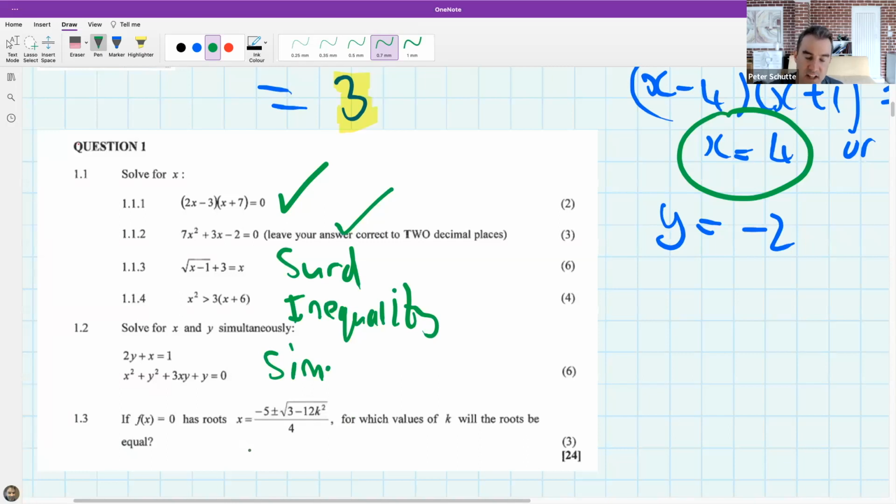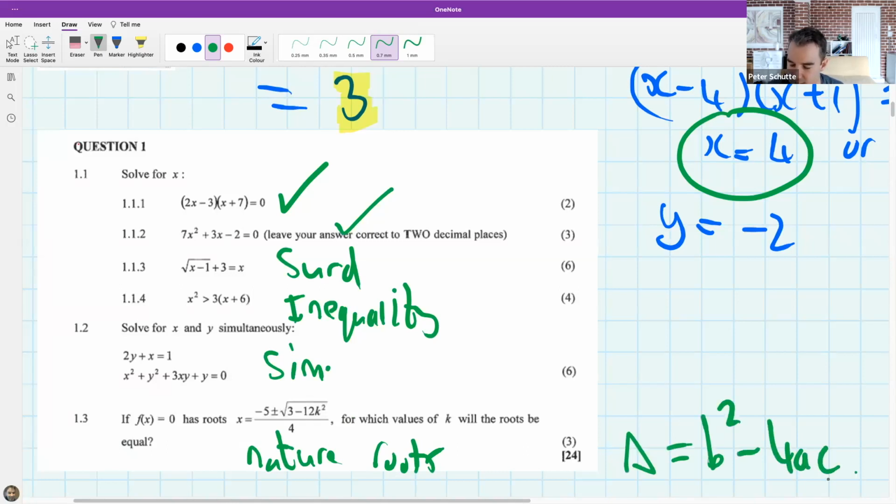And then this one down here, which we'll also talk about in the next lesson, is a nature of the roots question, or it's about the delta thing. And so the good news is, if you keep doing the same question again, you start to see these similarities. And so the learning just becomes easier and easier. And so I just wanted to kind of show you the structure basically today.